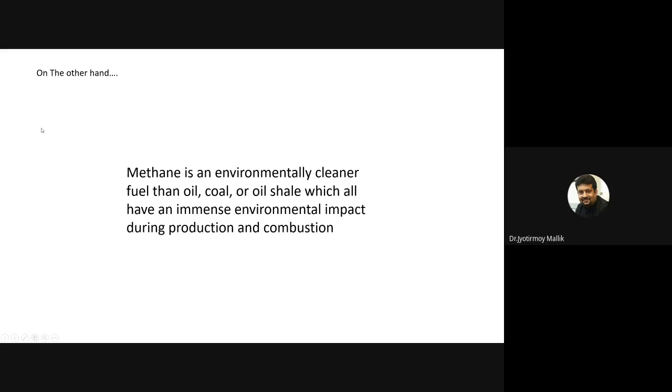Now, on the other hand, methane is an environmentally cleaner fuel than oil, coal, or oil shale, which all have immense environmental impact during production and consumption. Of course, if you can take the methane out, that will be advantageous, because if you burn methane, the amount of carbon dioxide released is not significant.